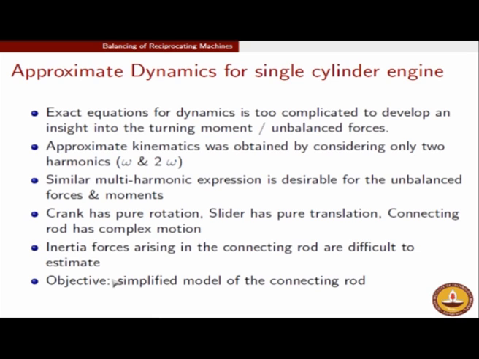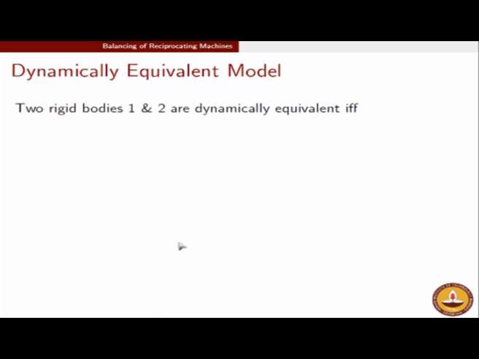It can be solved through a computer program, but what we are looking for is a simple formula based calculation which will enable us to design better mounts, taking into account the issues associated with these unbalanced forces. So, with that in mind, let us move to the dynamically equivalent model.